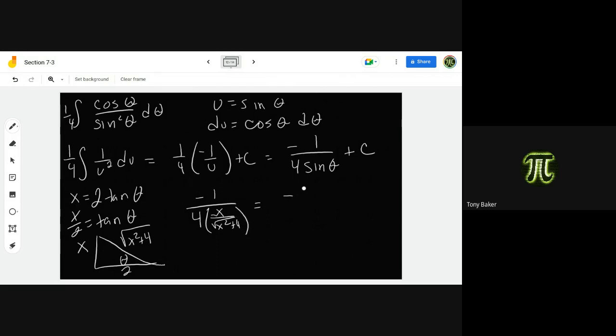So I've got negative square root of x squared plus 4 over 4x plus c. And we're now back to x. So we went from x to theta to u to theta to x.